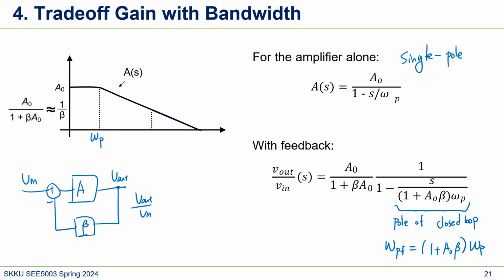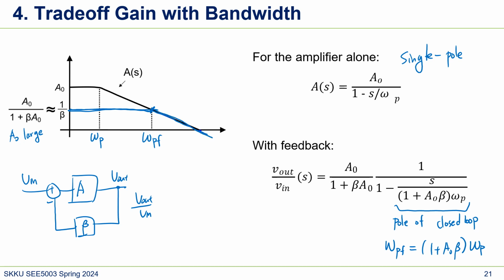We see that the gain is approximately 1 over beta because we assume that A0 is large. And then the interesting part is that w_PF is increased, and then it just follows this way. So actually you can calculate the gain. They meet at the same point, and the gain just decreased like this.